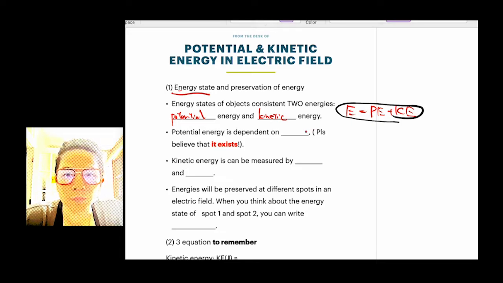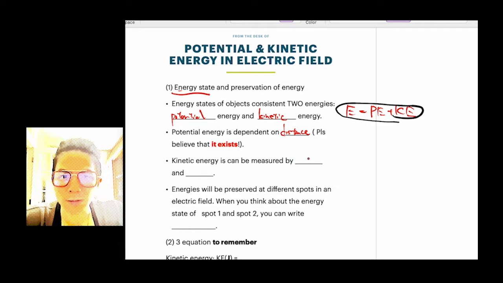Potential energy depends on the distance in the electric field. Potential energy is a little difficult to understand because it's not tangible, it's not seeable, but please just accept that potential energy exists, especially in the electric field.